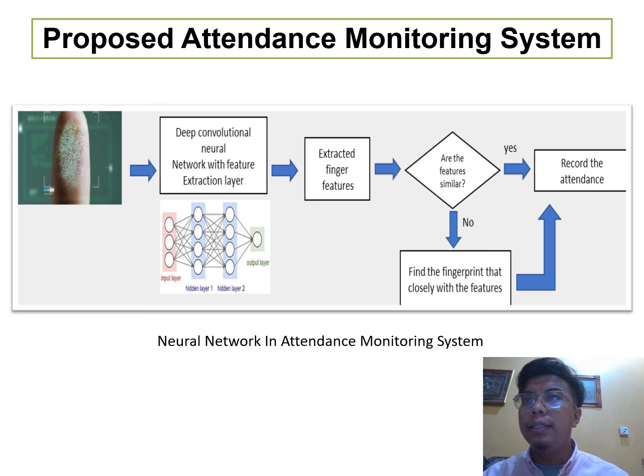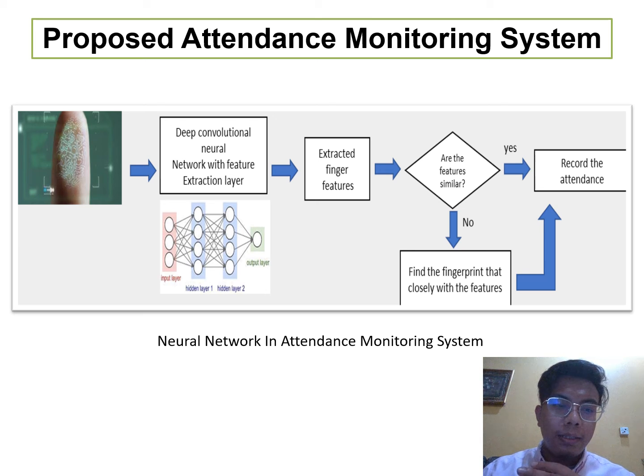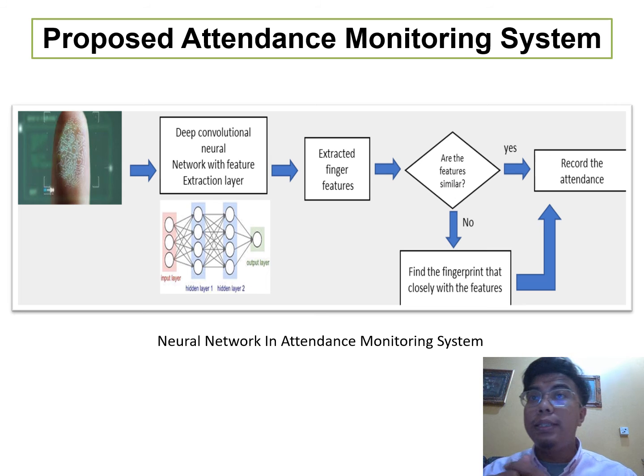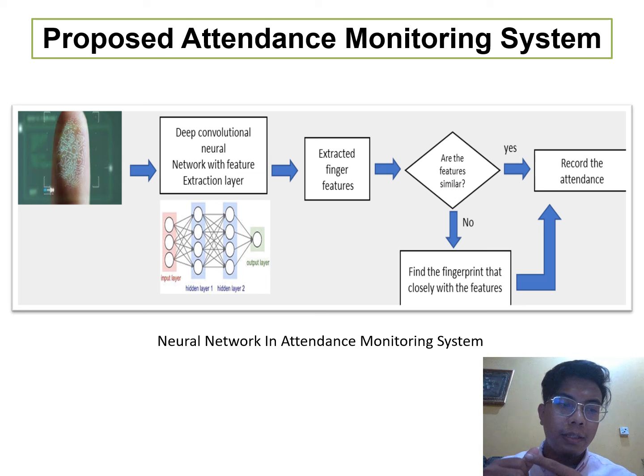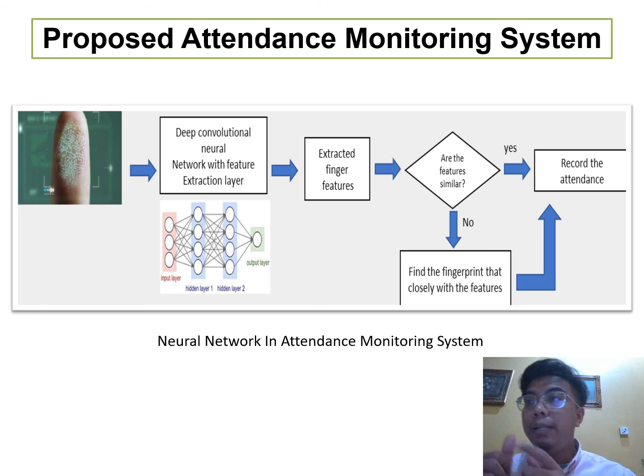For example, if the fingerprint cannot be detected, the system scans with CNN and can find the closest matching fingerprint feature. This makes the SAM system more accurate and effective.